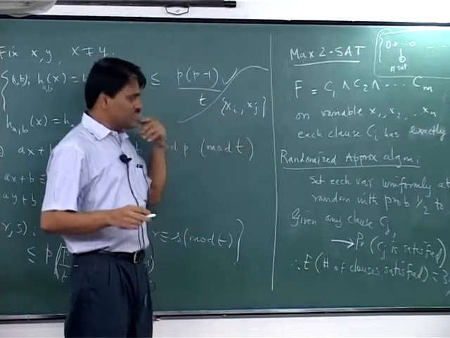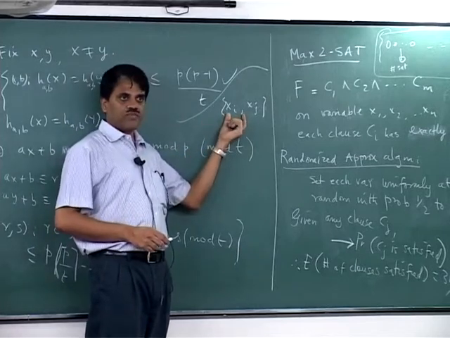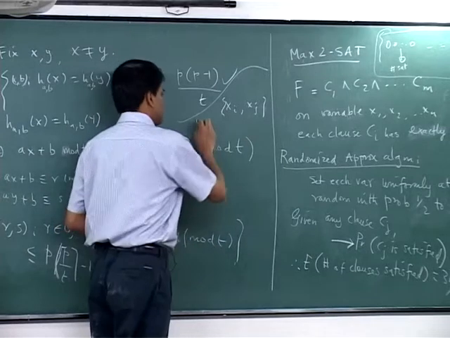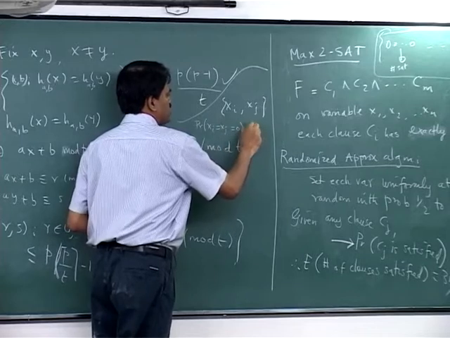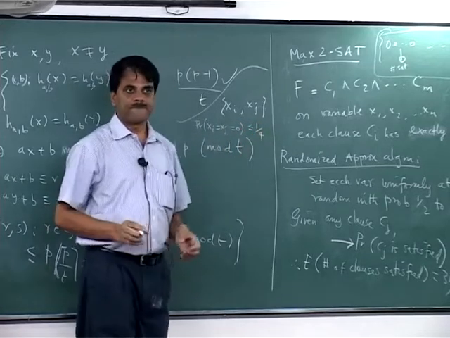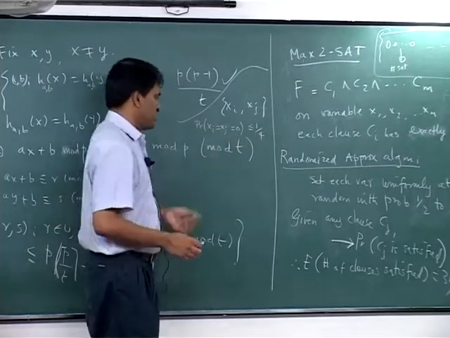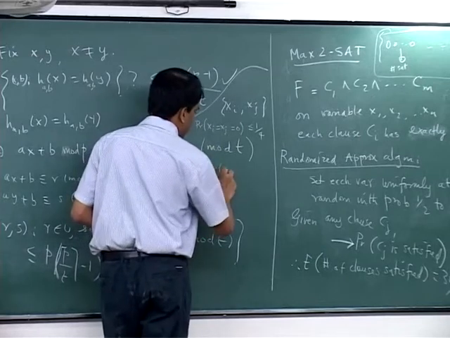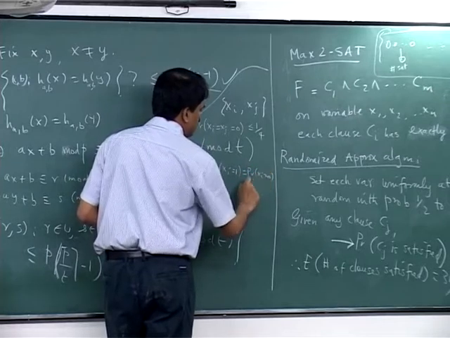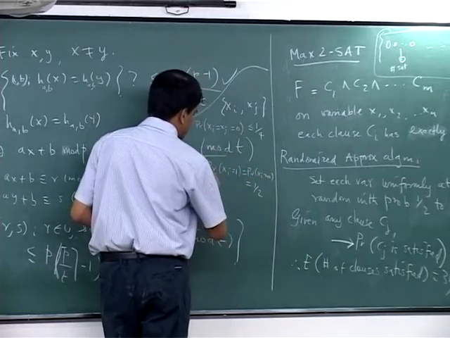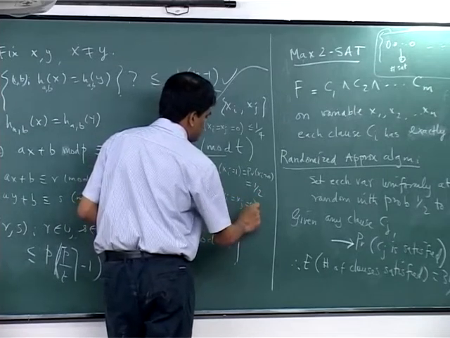I want some distribution where the probability that the clause is falsified, the probability that xi equals xj equals 0, is 1/4. One thing I used is that the probability that xi equals 1 is equal to the probability that xi equals 0, equal to half. The second condition I used is that the probability that xi equals xj equals 0 is at most 1/4.